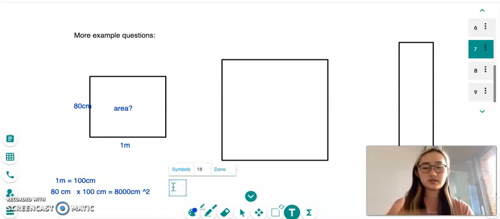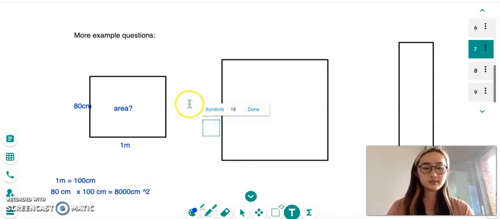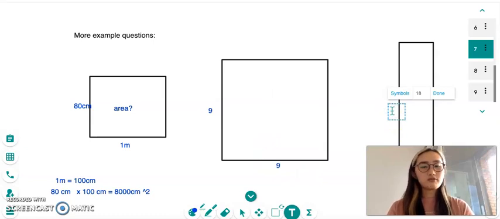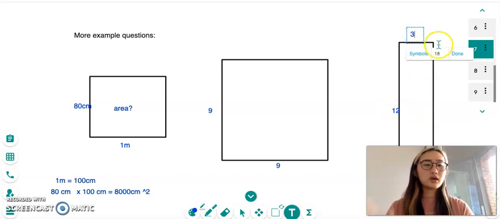I would try and see how much the student knows and if they could convert between centimetres and metres. If not, I would try and guide them through. Then we would do probably more example questions. So this one could be a square, say 9 times 9, and then this one could be a 12 by 3.